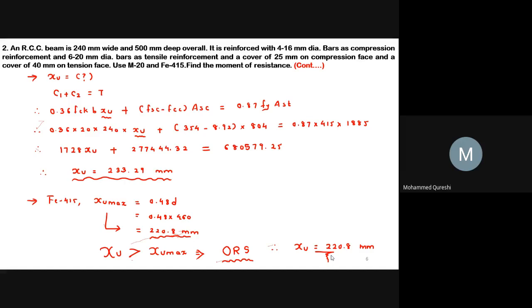Now, we can put the value of xu in the moment of resistance equation, that is Mu equals C1Z1 plus C2Z2. Now, we will find the moment of resistance Mu, and as we know Mu equals C1Z1 plus C2Z2.